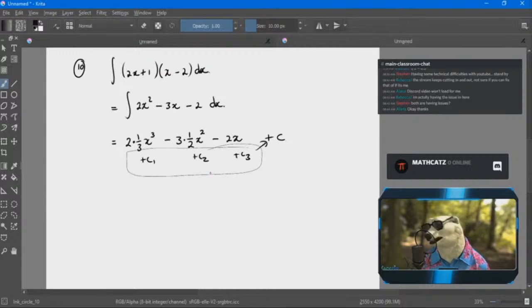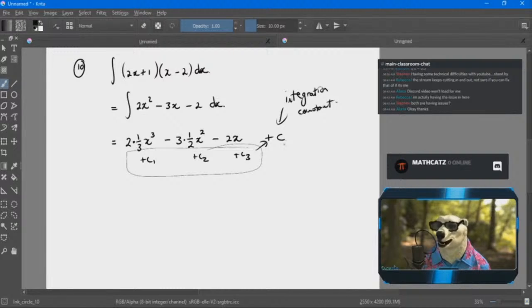If I eventually get more information, which we will, and I have numbers for each individual one, then I would necessarily have a number to add at the end. So there's really no benefit in thinking of individual constants when they will always merge into one constant that I can just put at the end. And we'll call this the integration constant.